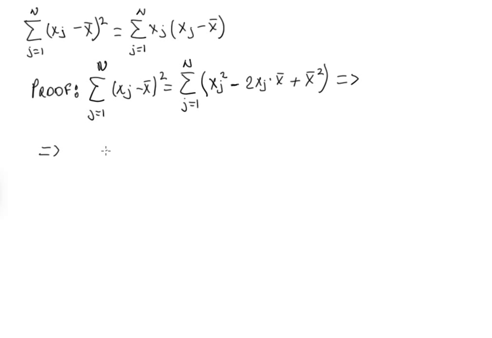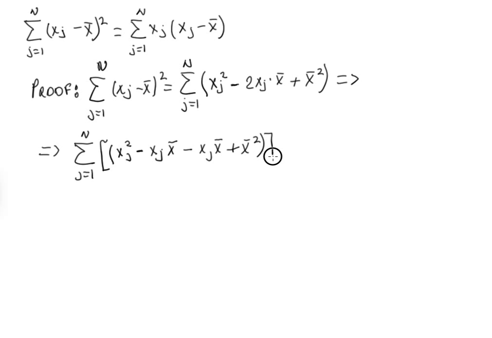Now, before we apply the distributive rule, well, we could use it now, but we can do a little bit more simplification here. J equal to 1 to n. Let's put the square bracket now: xj squared minus xj x bar minus xj x bar plus x bar squared, close square bracket.